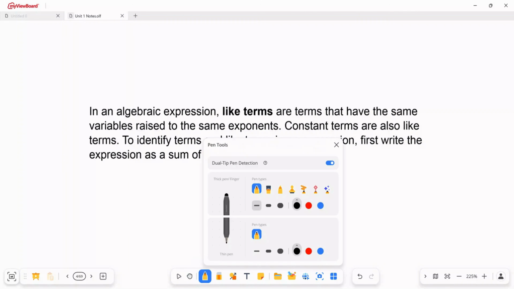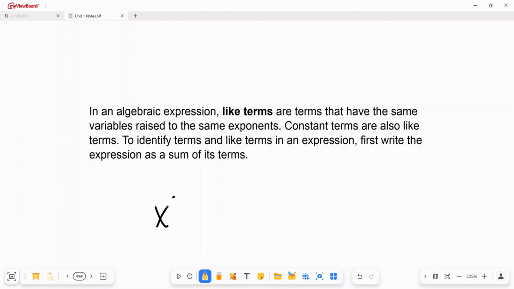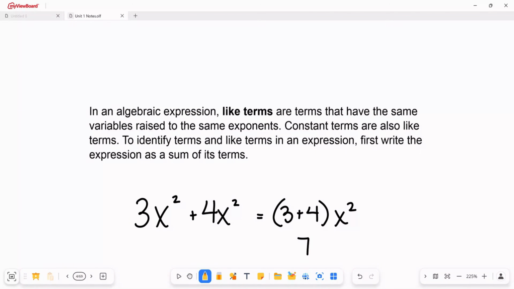So what that's telling us is basically we need to have two things that have the same letter, same exponent in order to be able to add them. The number in front doesn't necessarily matter to us because we're going to be writing that first, or the coefficients, those numbers out in front, as a sum of its terms. So we can write them like this, which then tells us that we would have 7x squared.